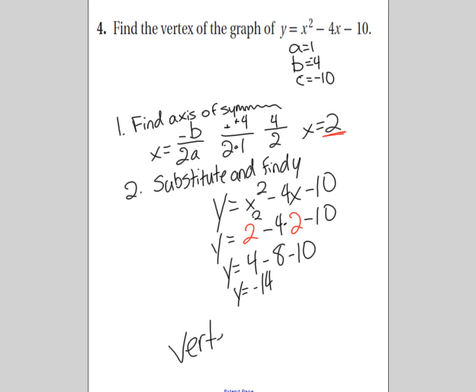So our vertex is at this point 2, negative 14. Our line of symmetry is this line x equals 2. And now the last question asked about this one, is that point the minimum or the maximum?